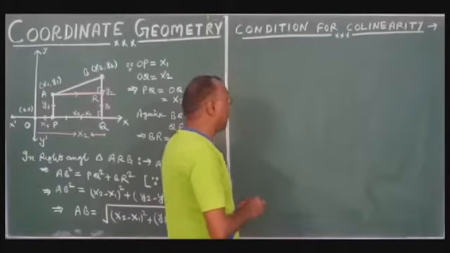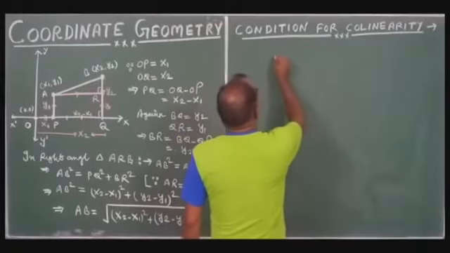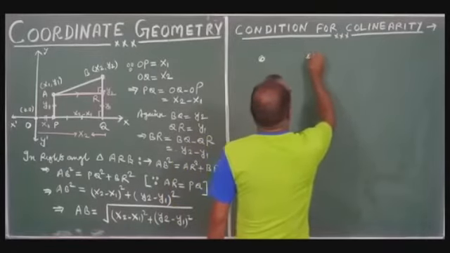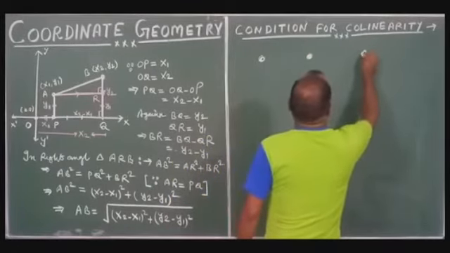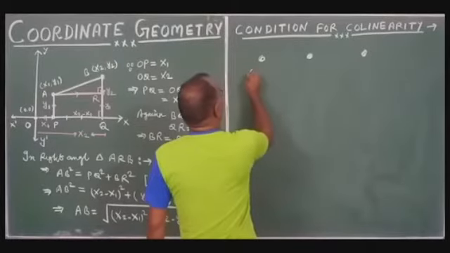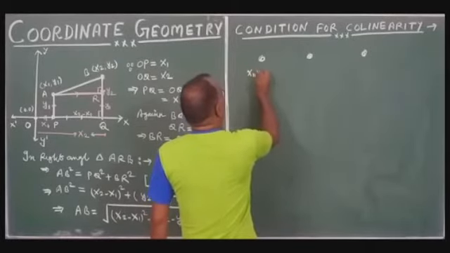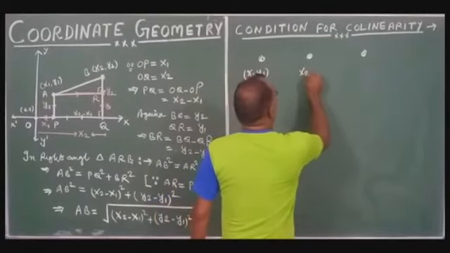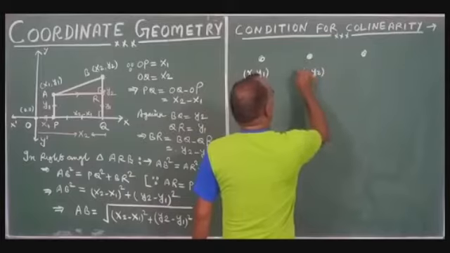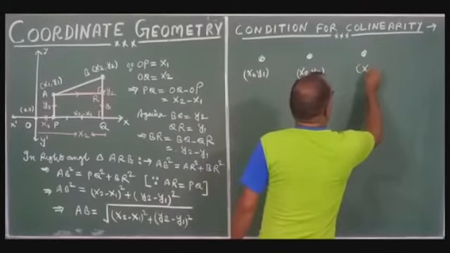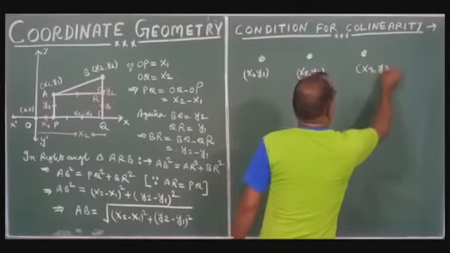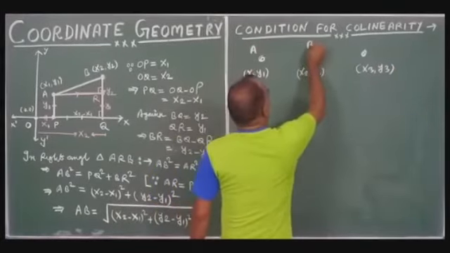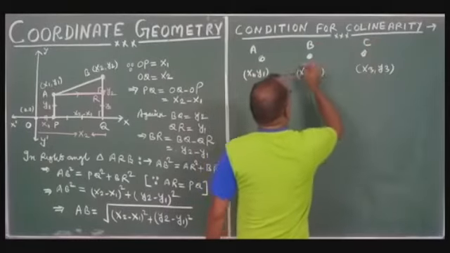Suppose we have these 3 points, whose coordinates are x1, y1, x2, y2 and x3, y3. A, B, C.